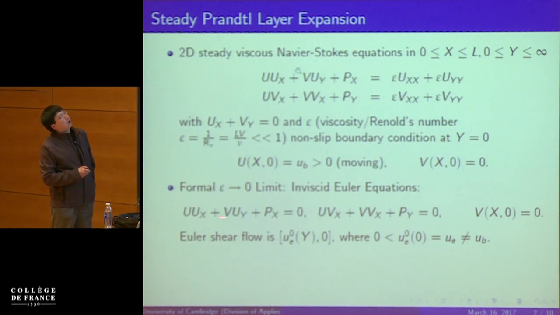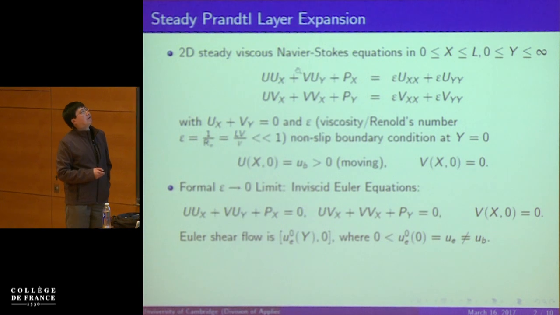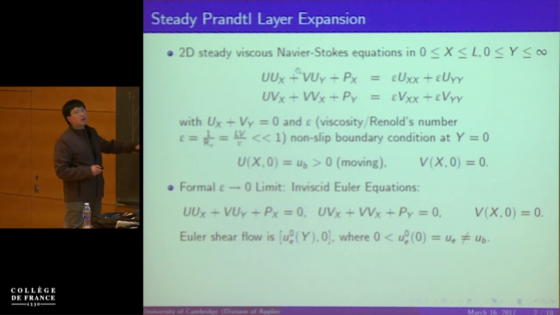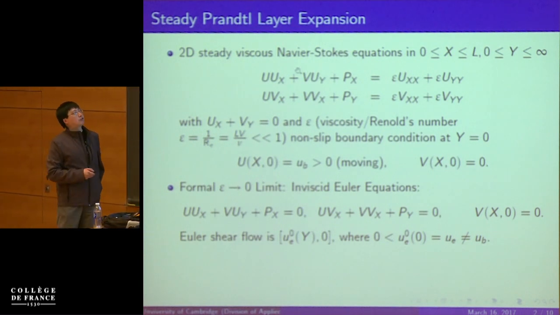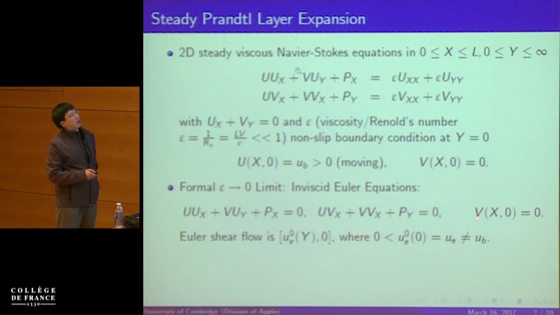We would hope that this solution should indeed converge to the Euler solution of this equation. If you're away from the boundary, this in general more or less is true. But at the boundary here, there's some problem.